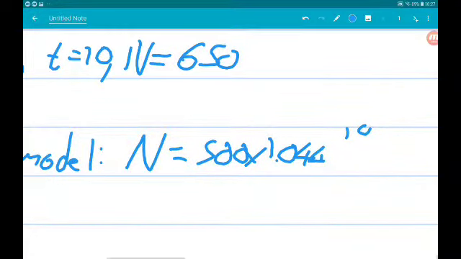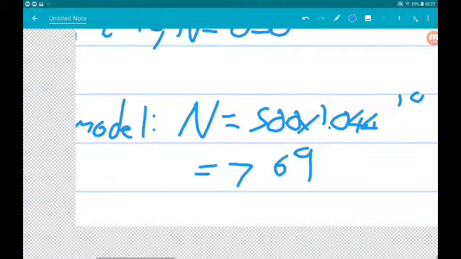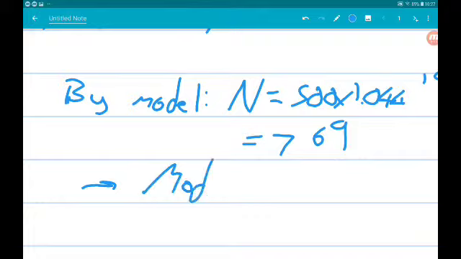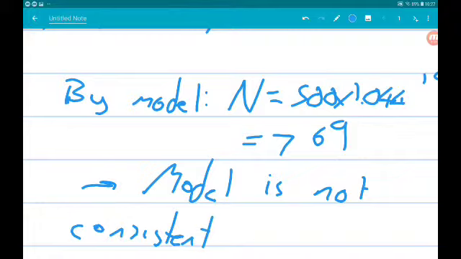Now this gives us 769. So 769 is not close to 650. So the model is not consistent with the data. Good start.